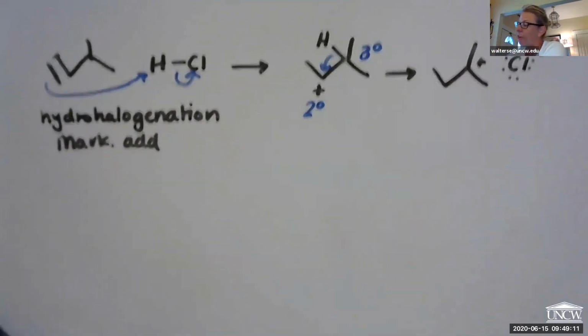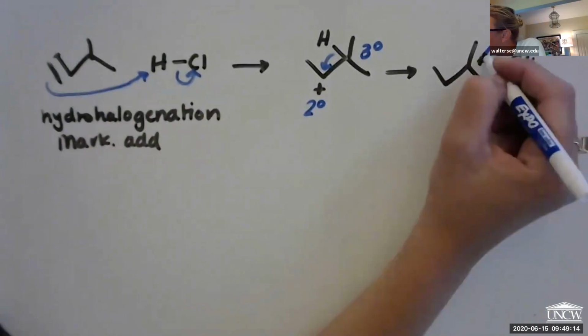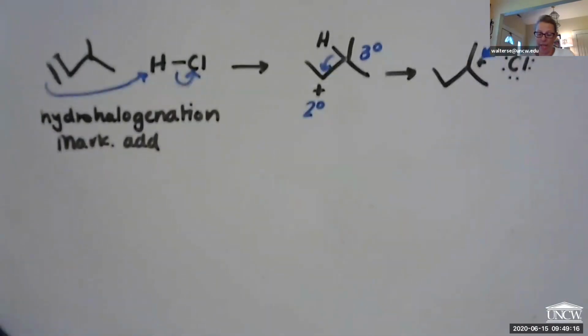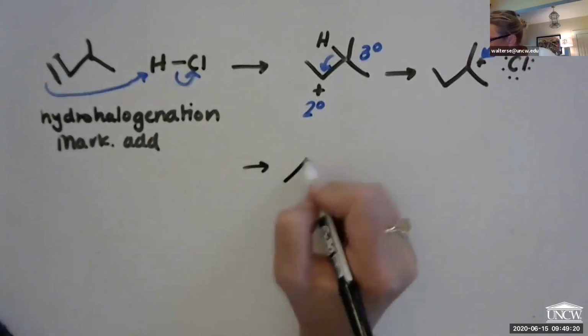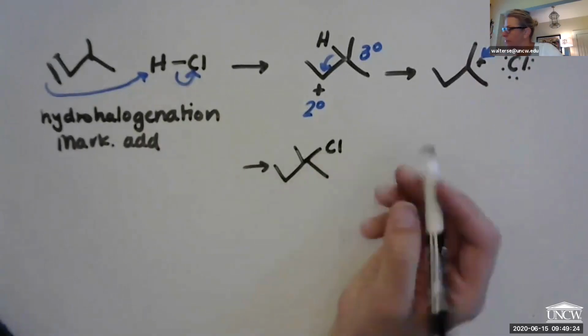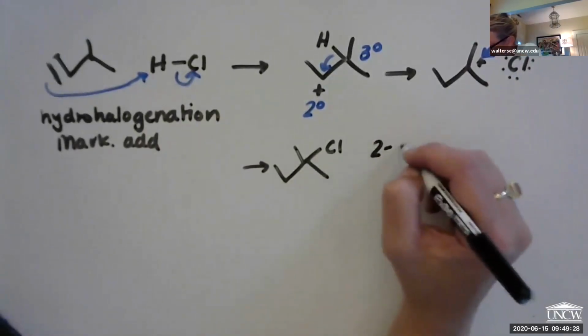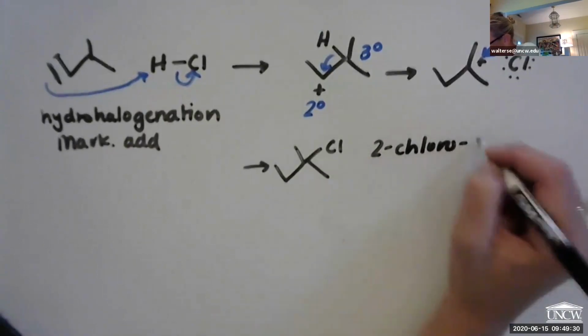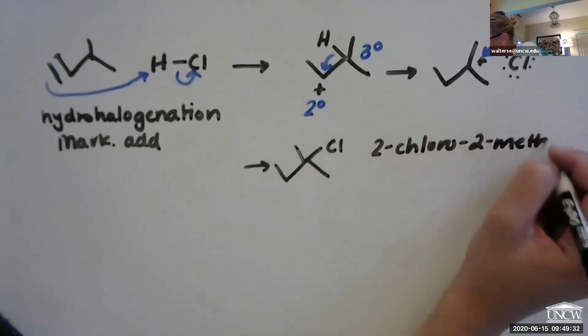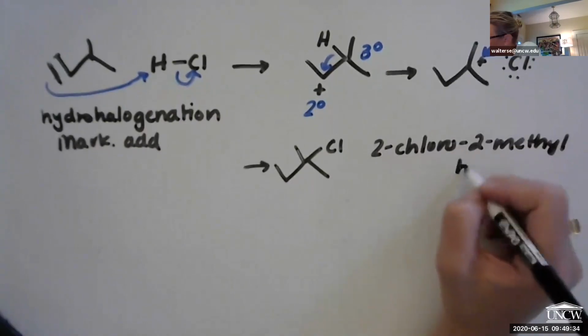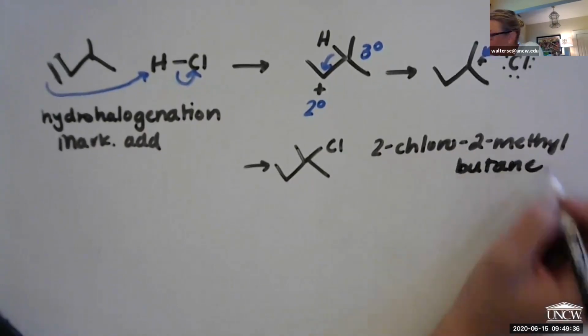So remember, for hydrohalogenation, whenever you go through a carbocation, you have to consider that it'll rearrange. So my guess is that this is 2-chloro-2-methylbutane. I hope that's the right answer.